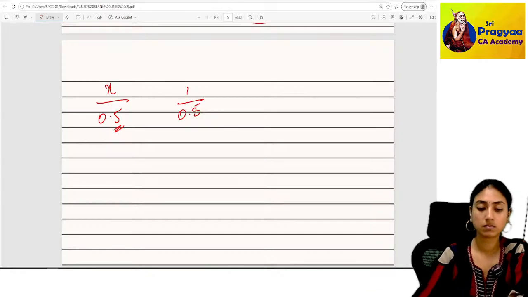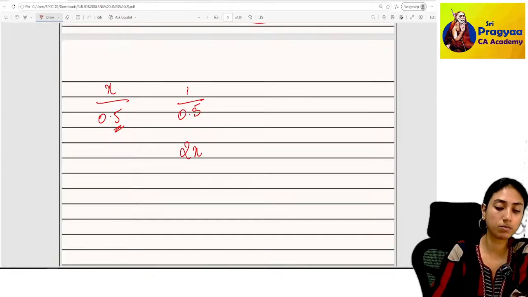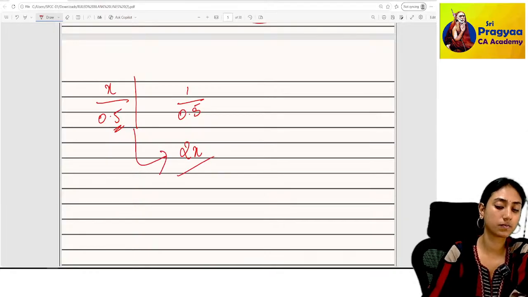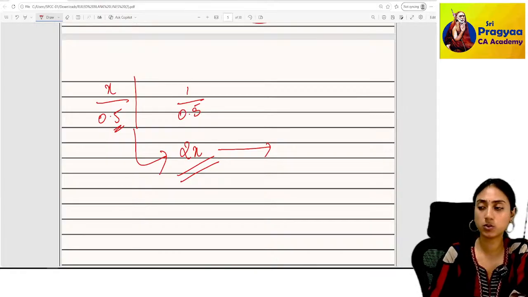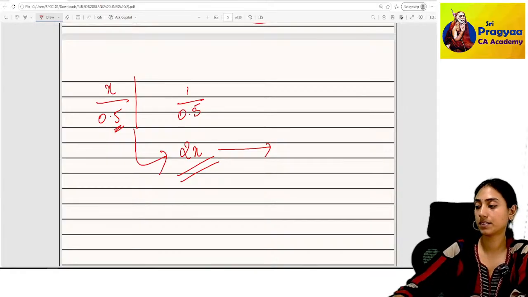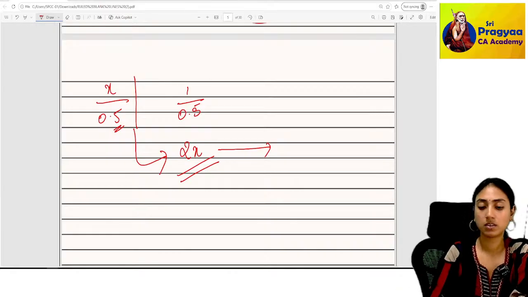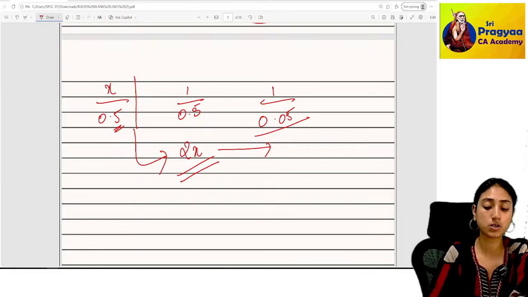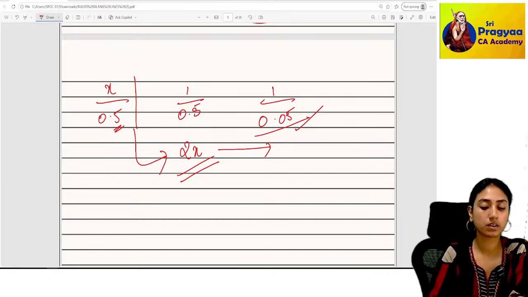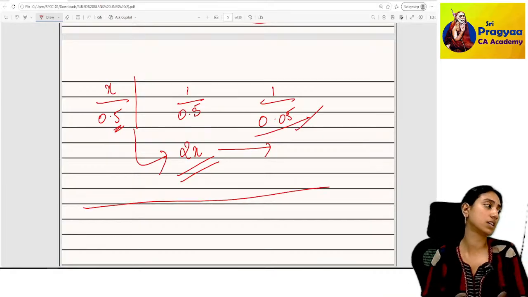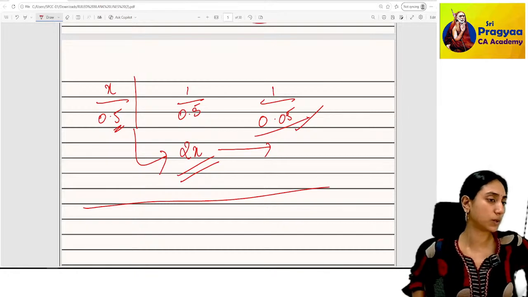Two, ma'am. So this term will become 2x. Okay. Similarly, do for other terms. So you have 1 by 0.05. What is 1 by 0.05? There will be a whole number to it. Similarly, convert all the terms to whole numbers and then let me know.